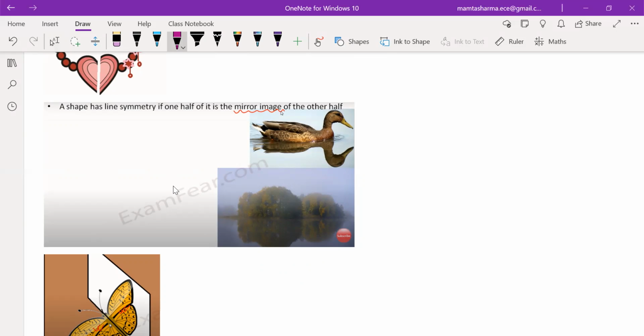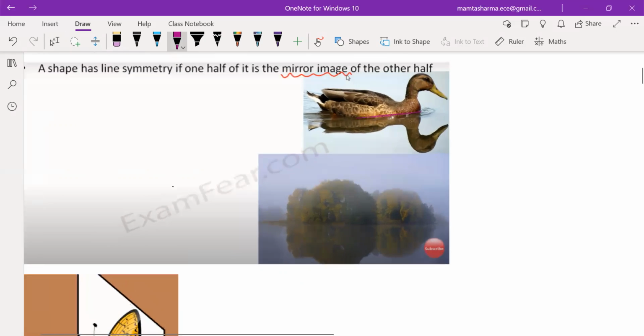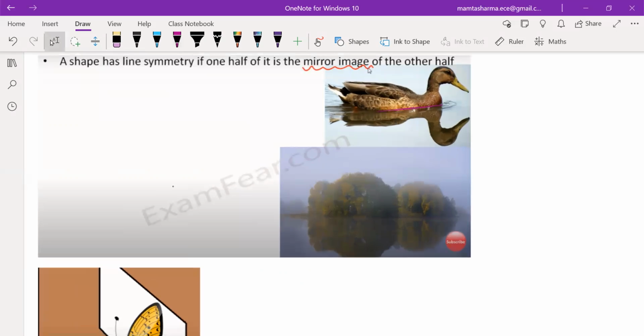So you could see that this water surface is dividing this bird into two equal halves, correct? It means this bird is looking symmetrical. So ma'am, we can say water image or mirror image. Yes, this is an example of mirror image of symmetry.